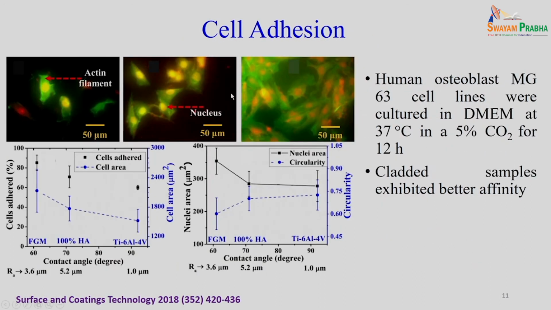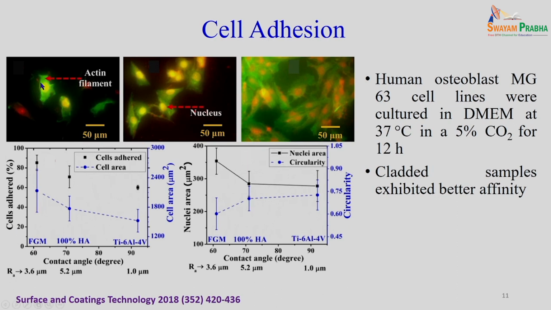Now, again we analyze the cell surface interaction. For this cell surface interaction we used the human osteoblast MG63 cell line. They were cultured in the cell culture medium at 37 degrees centigrade in 5% CO2 in a humidified chamber for 12 hours, and after the 12 hours we analyzed the cell features using a microscopic technique, particularly fluorescence microscopy.